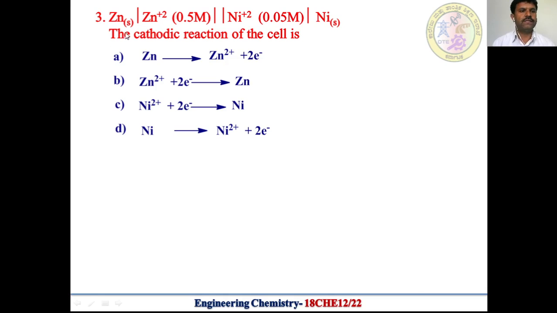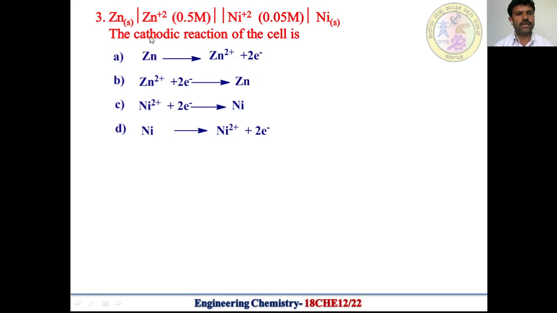Question number 3: Zn bar Zn2+ of 0.5 molar, salt bridge, Ni2+ of 0.05 molar bar Ni. The cathodic reaction of the cell is: option A, Zn gives Zn2+ plus 2 electrons; option B, Zn2+ plus 2 electrons gives Zn; option C, Ni2+ plus 2 electrons gives Ni; option D, Ni gives Ni2+ plus 2 electrons.